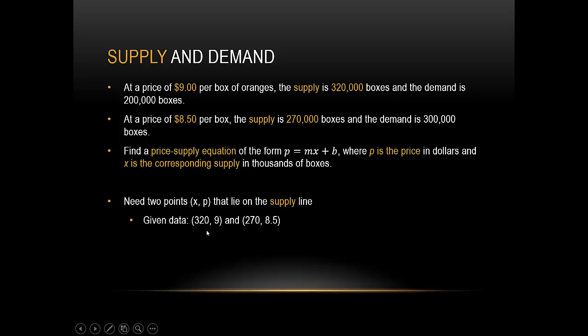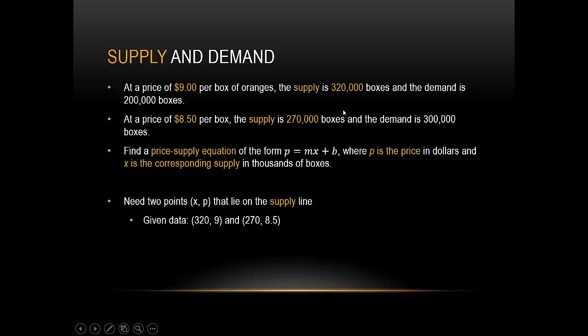I change my 320,000 into 320, and I'll just say on my x-axis that's in thousands. My 9 is my price. Then the change is if I go to $8.50 per box, then my supply is 270,000.